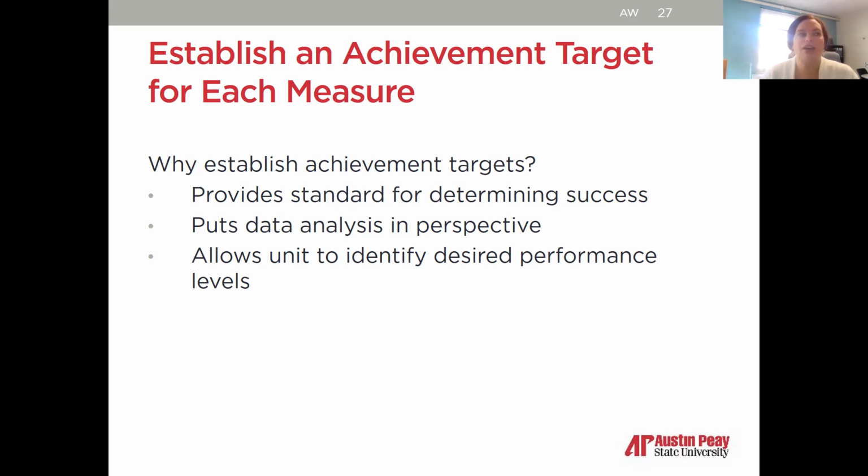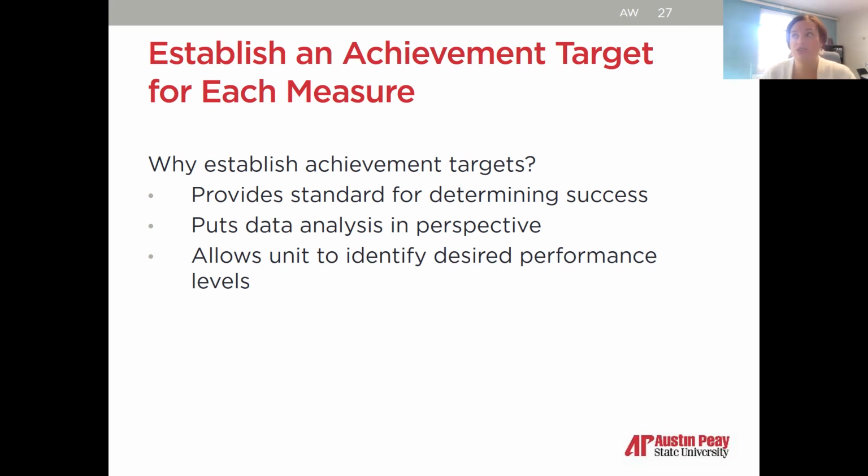So what we will say is that, depending on what the measure is, you don't want to totally lowball it. The point of this is to find places that you could be better, that continuous improvement thing, or just to find out how you're doing at all, because a lot of us might not really have a sense in any concrete way of how we're performing on a particular service or function that we provide.